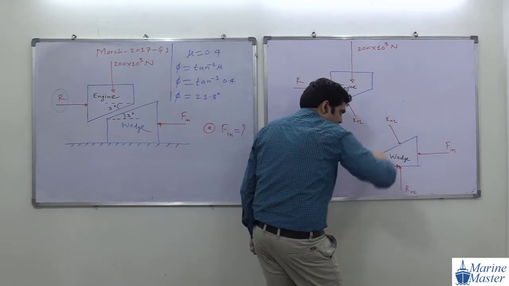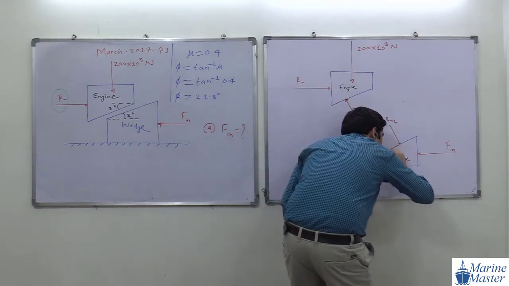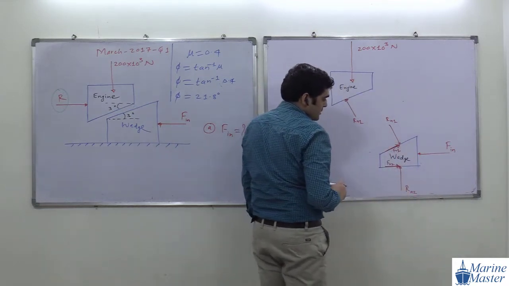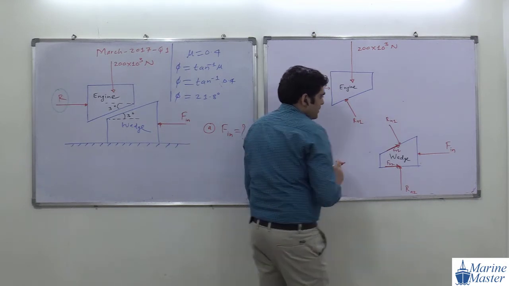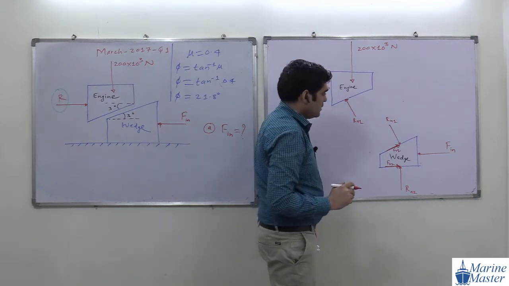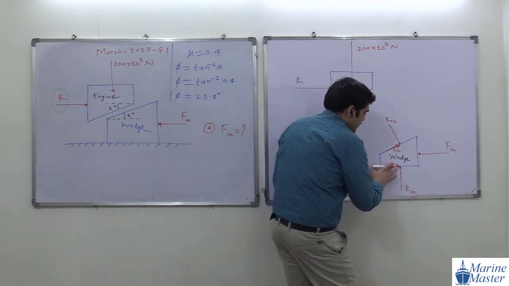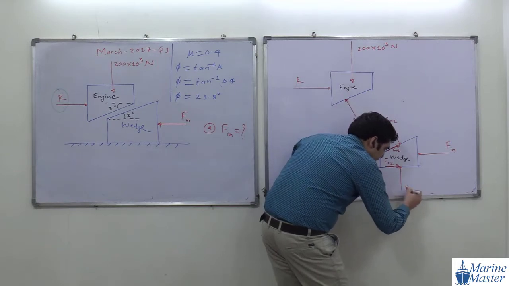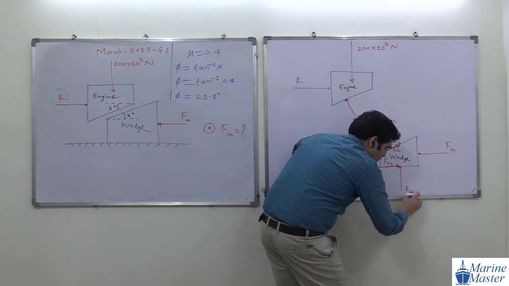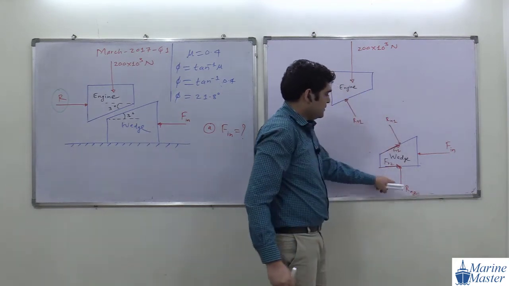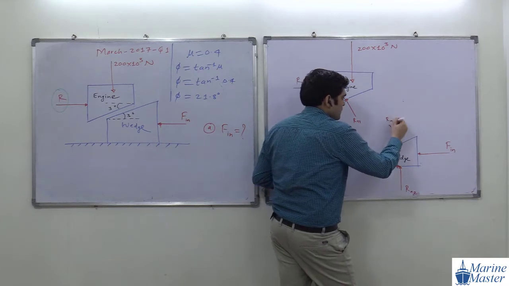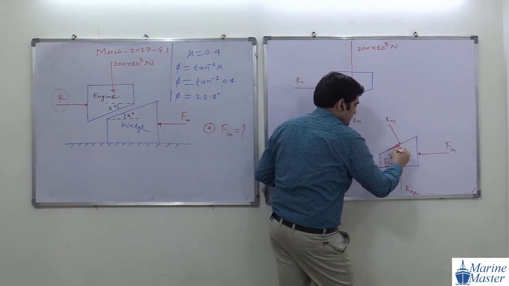Now if the wedge tries to go this side, there will be a friction force opposite to the motion. This friction force we will call Fr1. Then see the scenario here. This is W2, and this is W2, and this is W1.